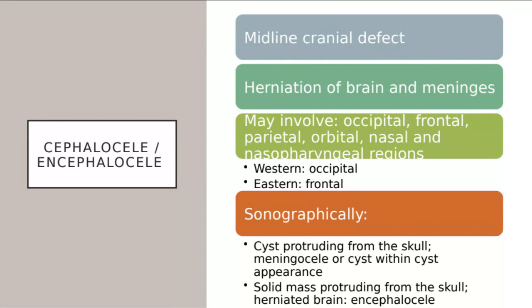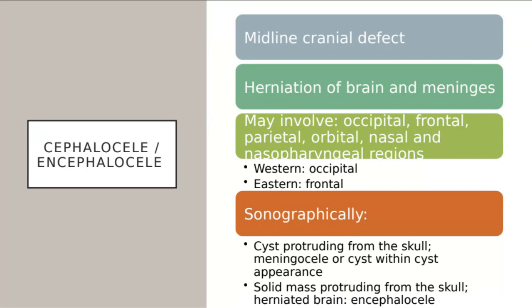So craniosynostosis is they fused too early, and now we have something where maybe they didn't fuse properly or they didn't fuse enough, and we have this opening between these cranial bones. When we have that opening, it allows for herniation, right? So it allows for all of that material to travel through and poke out of the baby's head. So when we have a cephalocele, we're going to have that herniation of brain parenchyma, and also the meninges from the spinal cord can come out as well.